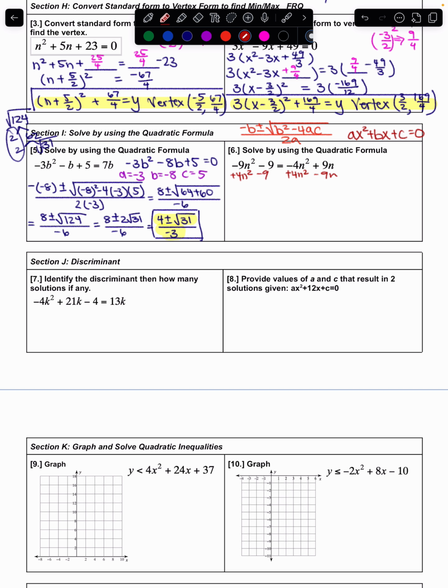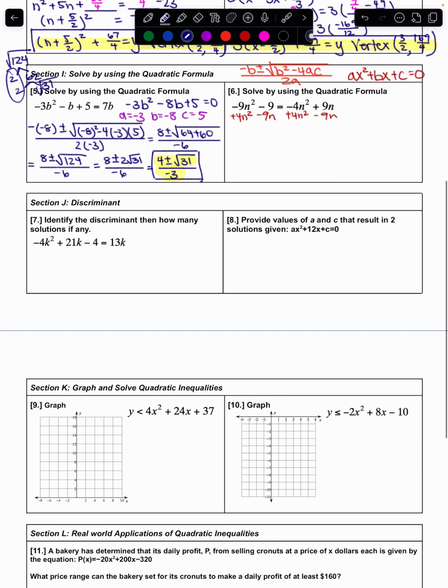So we are going to be left with negative 5n squared minus 9n minus 9 is equal to 0.